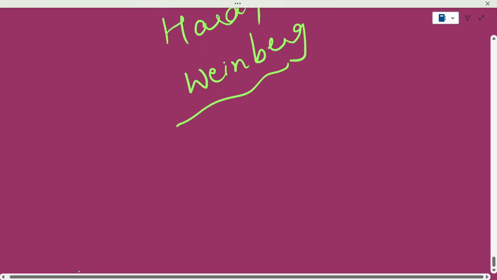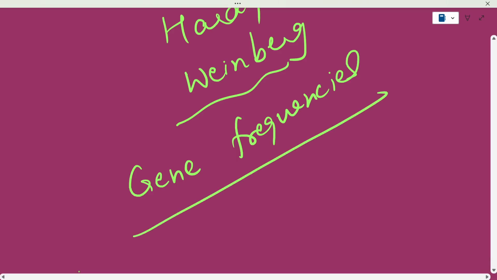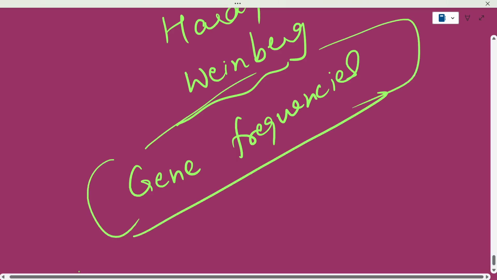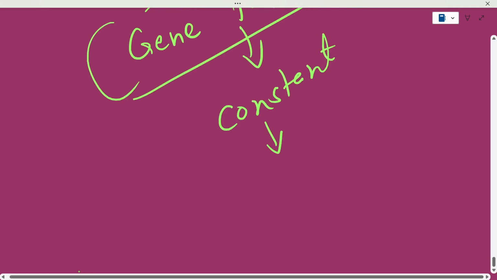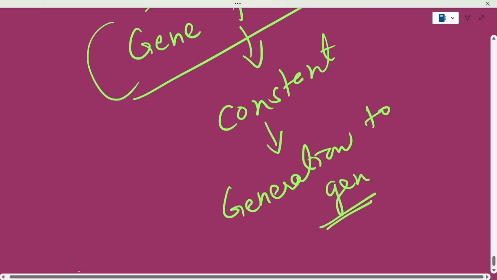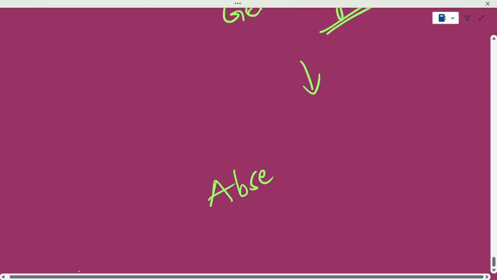So it says that the gene frequency of individuals, कौन सा जीन कितनी बार किस population में कितने time आएगा, this gene frequency will remain constant, not only in an individual generation but intergenerational, from generation to generation. This will remain constant if there is absence of other factors.